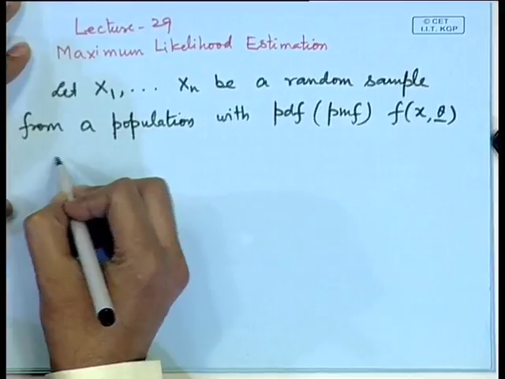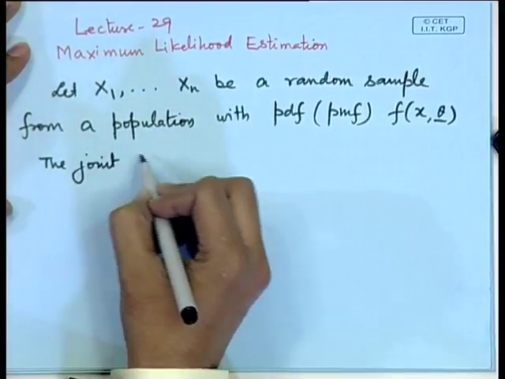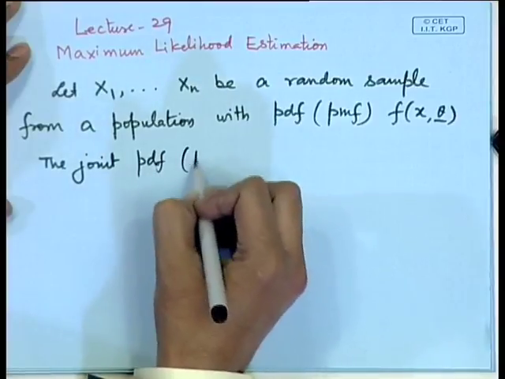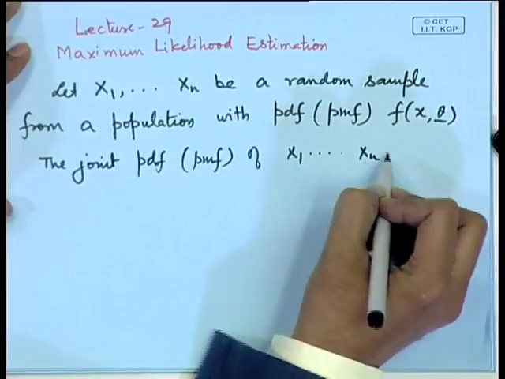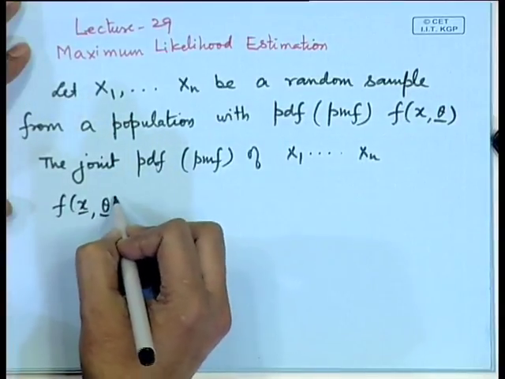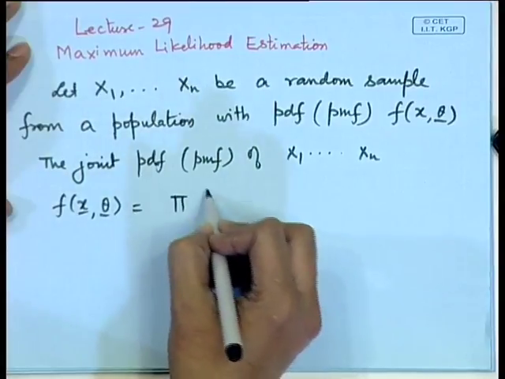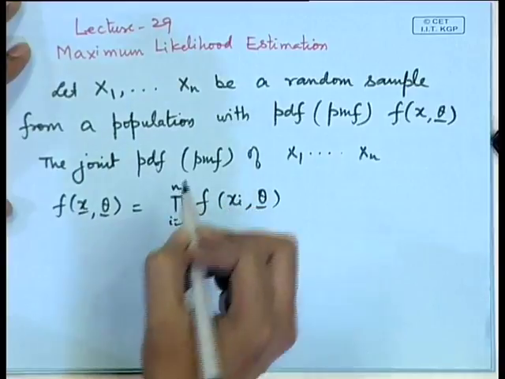So, we write the joint PDF or PMF of X1, X2, ..., Xn as f(x; theta) equal to the product of f(xi; theta), i equal to 1 to n.